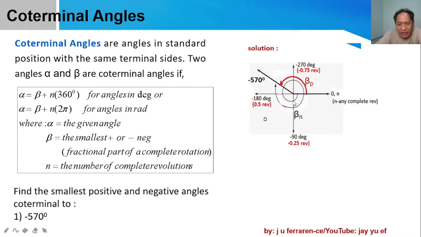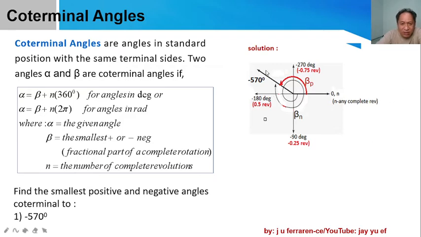And when that is again rotated, this is 0.5, or a negative 0.5. Then we also have a negative 0.75 up to this part, then one complete rotation.